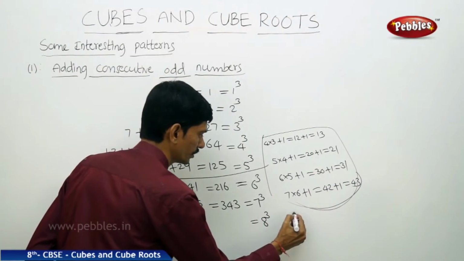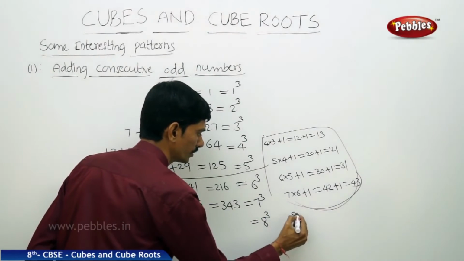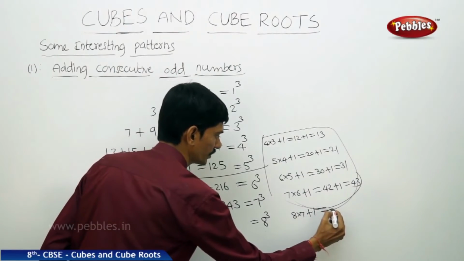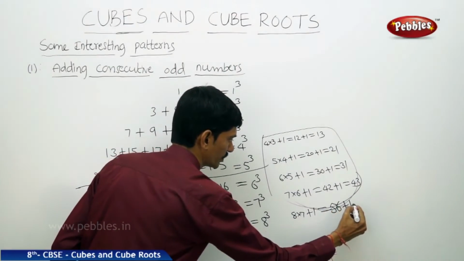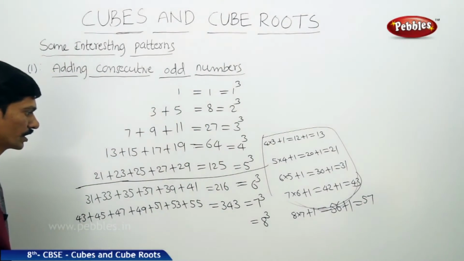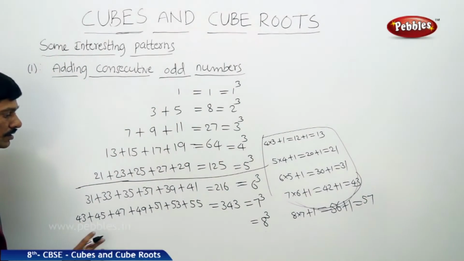So then how can you write 8 cube? So we know that 8 cube, so 8 into 7 plus 1. So 8 7s are 56 plus 1, this equals 57. So starting from 57, you should take consecutive odd numbers.